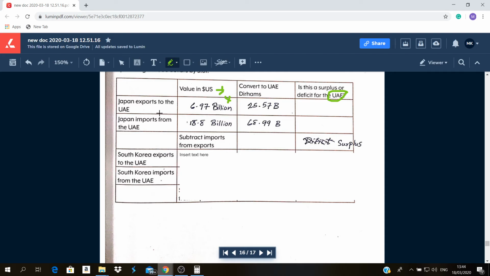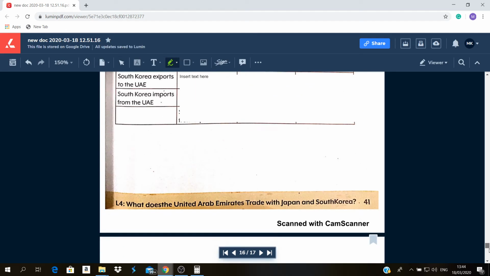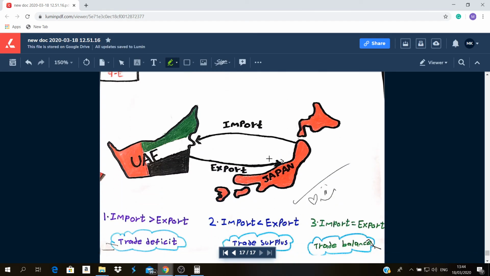At this point I want to explain it again so you can understand, because this is important, because not everything is going to be direct, right? Have to understand also here. So Japan exports to the UAE; for the UAE, those are imports. But if we are Japanese citizens, for us this is export, right?